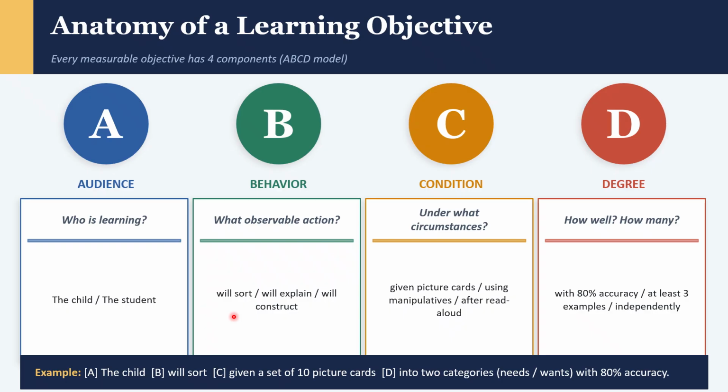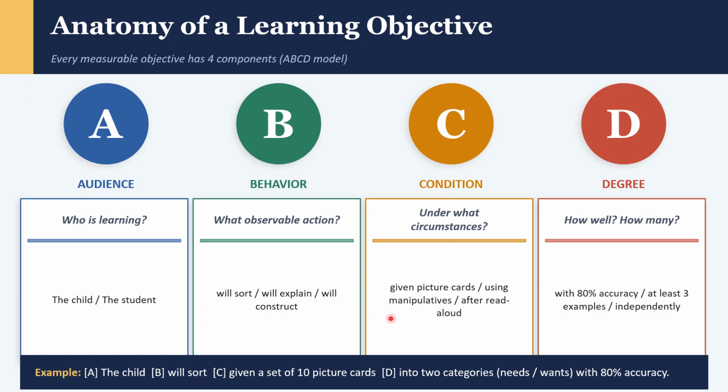I have the ability to look or listen to their explanation to determine if it has met the acceptable outcome. And will construct. Again, I can observe that. I can measure that. So those are examples of observable actions.